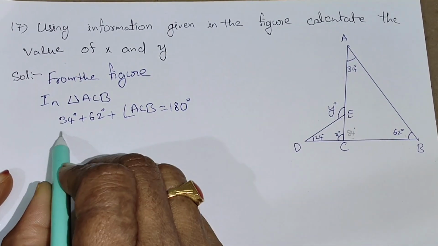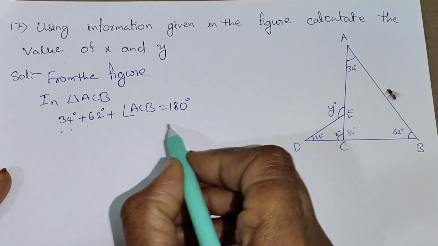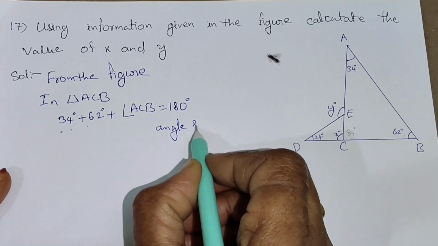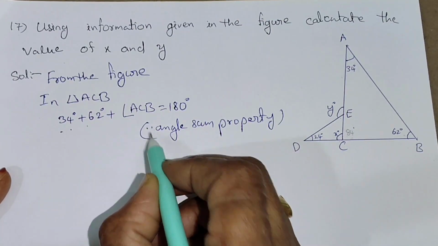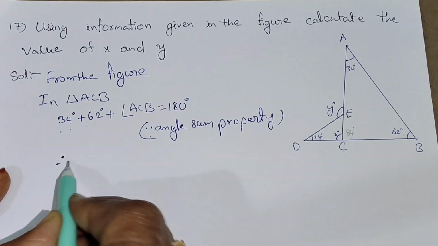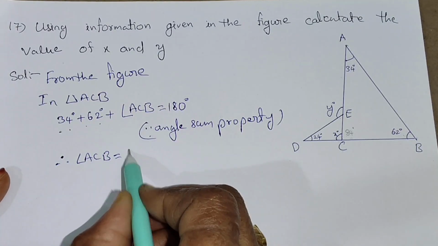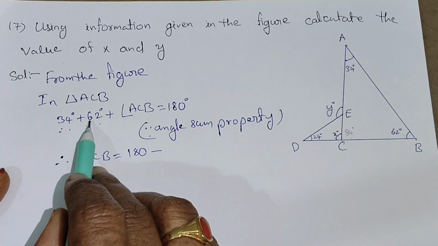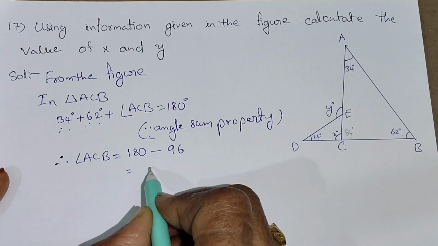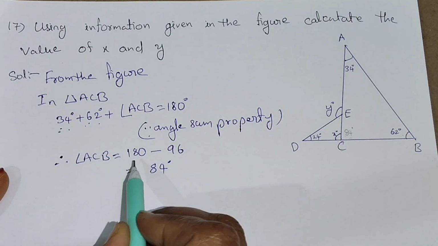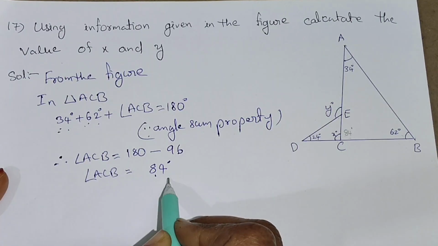This is the angle sum property. Therefore angle ACB equals 180 minus the sum of these two angles, 34 plus 62, which is 96. So 180 minus 96 equals 84 degrees. Angle ACB equals 84 degrees.